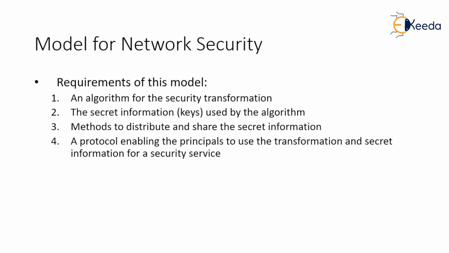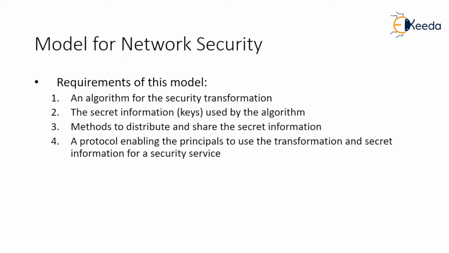Another protocol needs to be enabled so that the transformation of the secret information should be provided as the security service. We need to have the principal mechanisms which can then be used for transformation of the messages, which can then be used for the transformation of the secret keys in between the users.